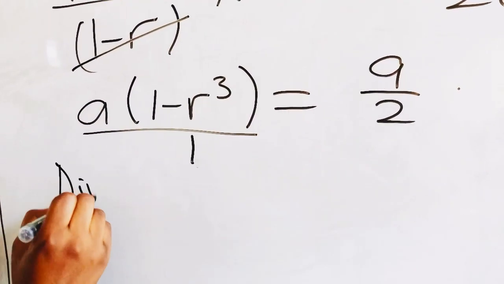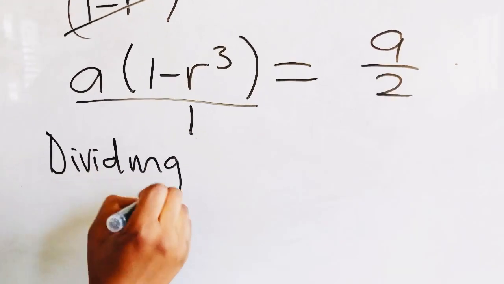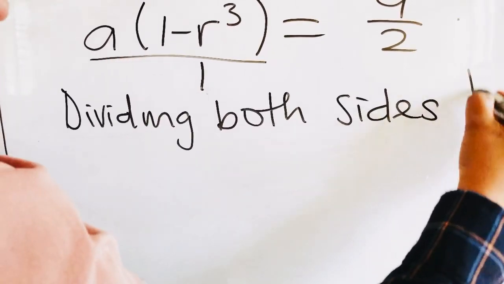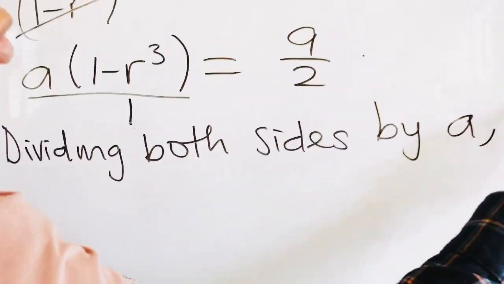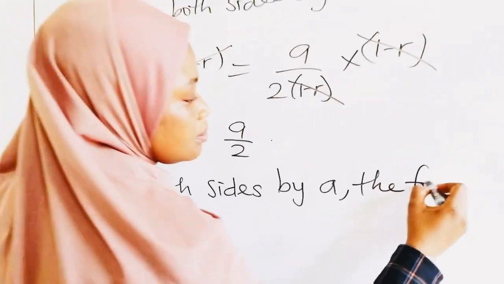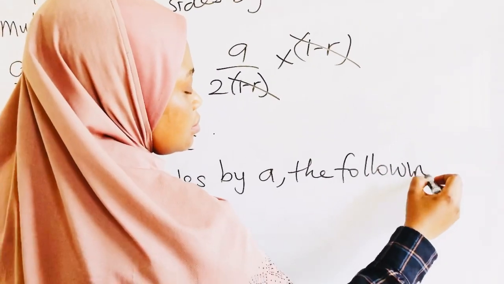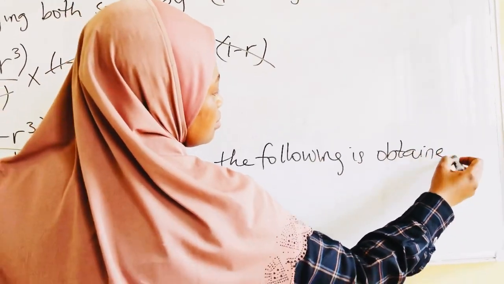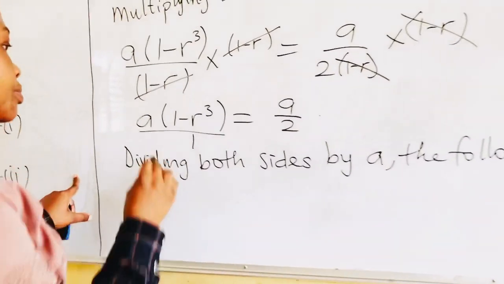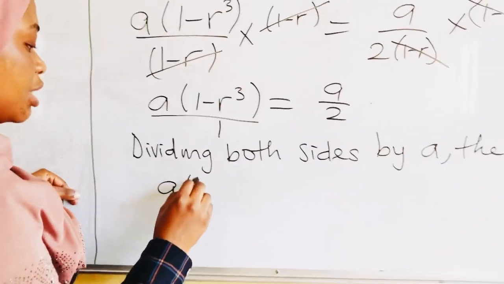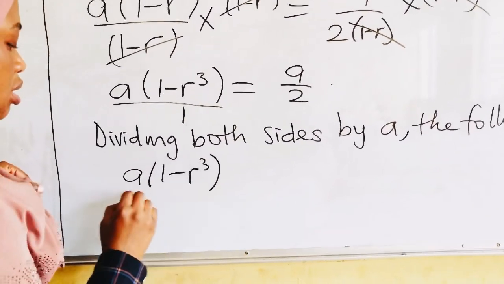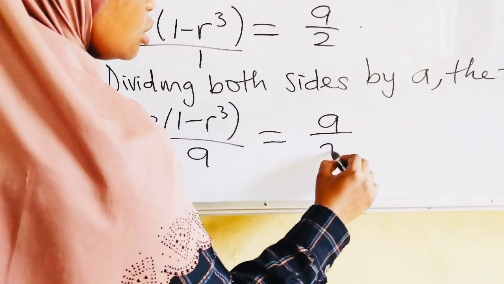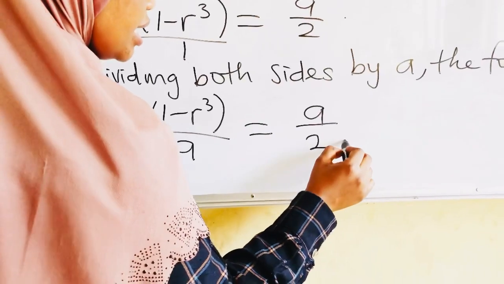Dividing both sides by a, the following is obtained: a into bracket 1 minus r cubed divided by a is equal to a over 2 divided by a.